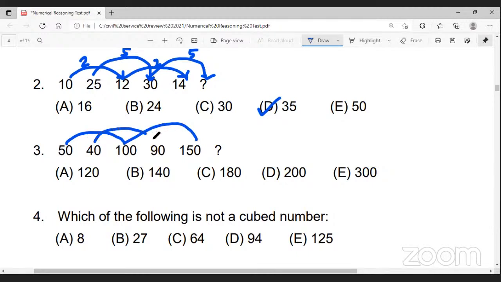Here also by 50, 40 to 90. So next, by adding 50, we get 140.